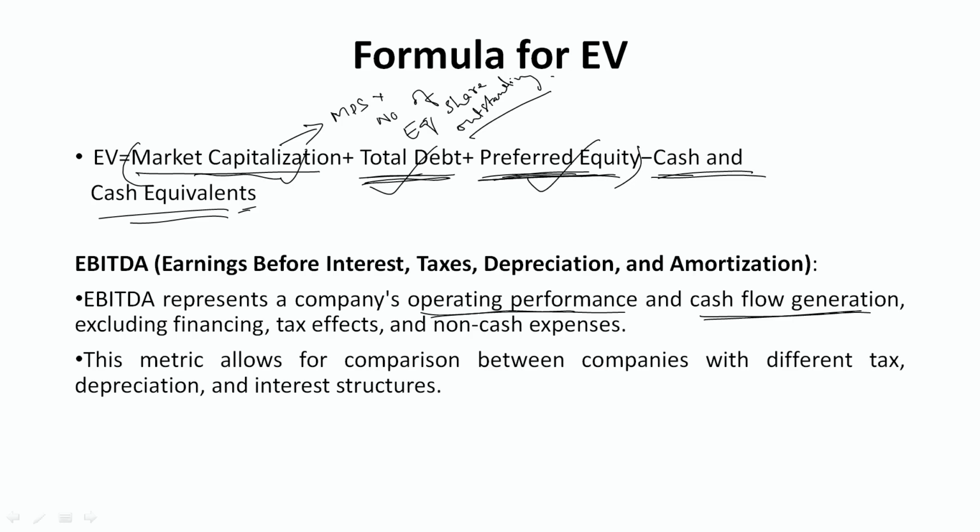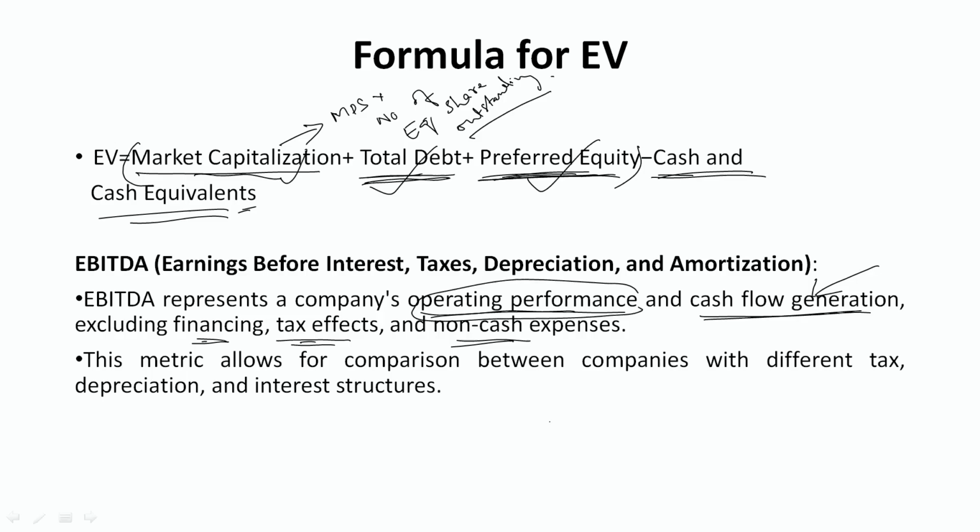Basically the operating performance of the company is a depiction of from where the cash is coming in, what are the types of finances which you have taken, what is the effect of this financing on taxes, and what are the non-cash expenses. All these are taken into consideration when I am talking about the operating performance.